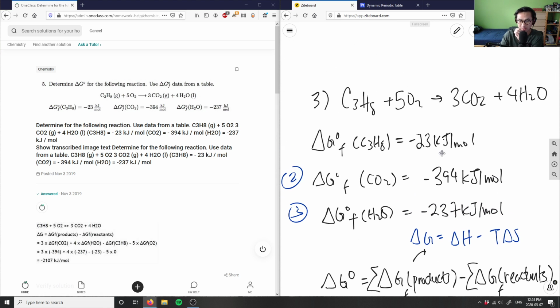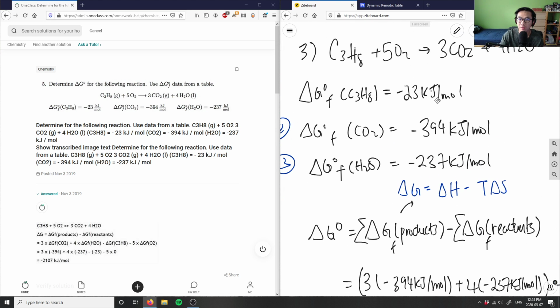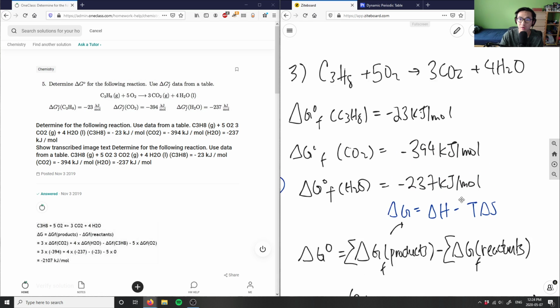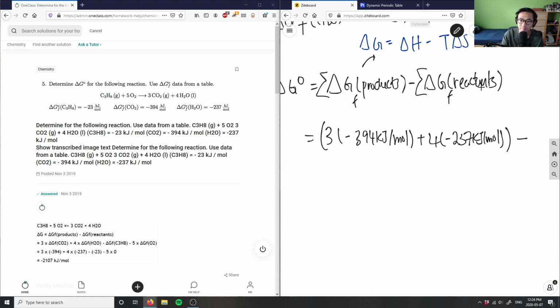In this case, my reactants are propane and oxygen gas, right? Propane would have a delta G of formation of negative 23 kilojoules per mole, and that's simply 1 times negative 23 kilojoules per mole.